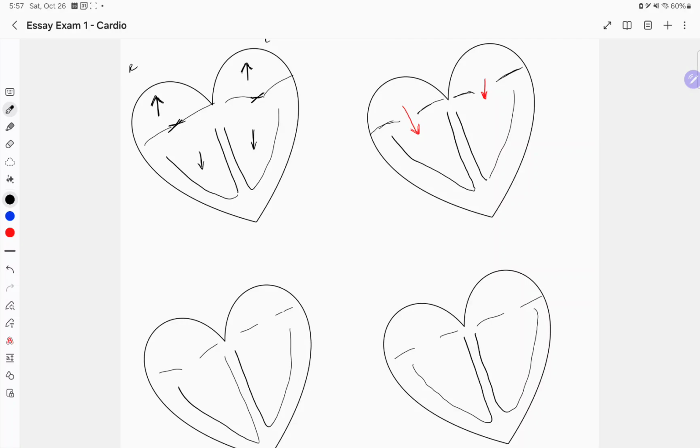And as that happens, we have blood that starts to fill up in here.